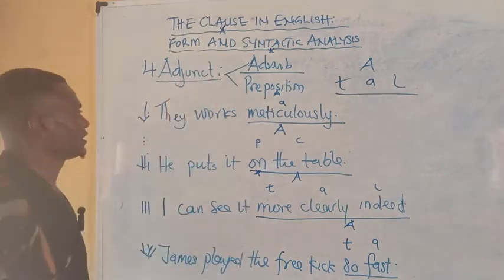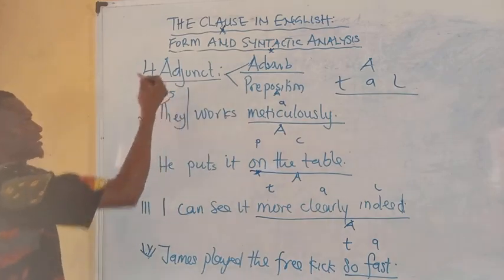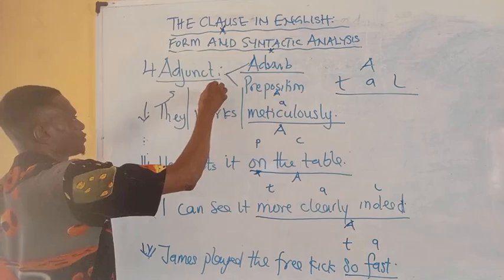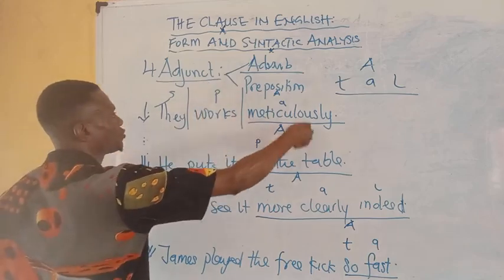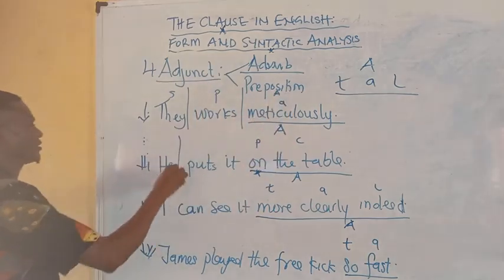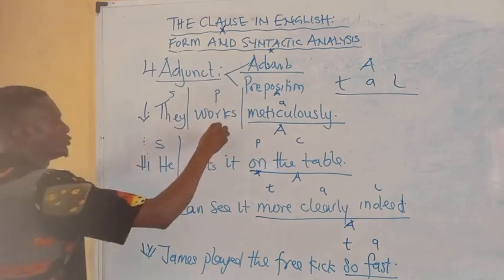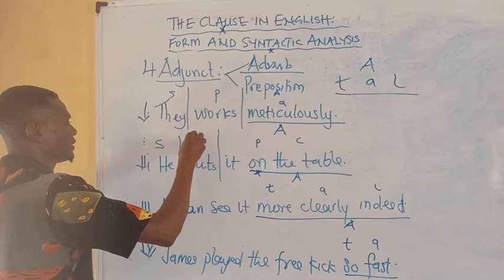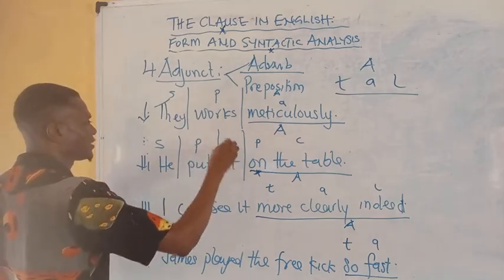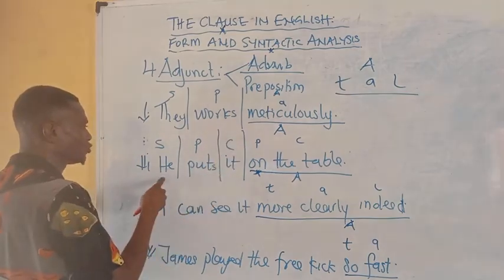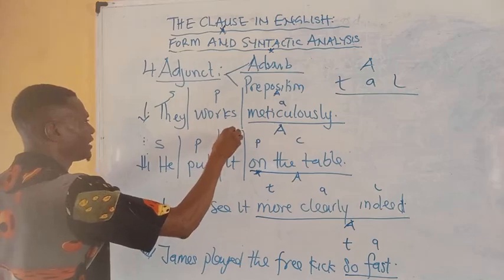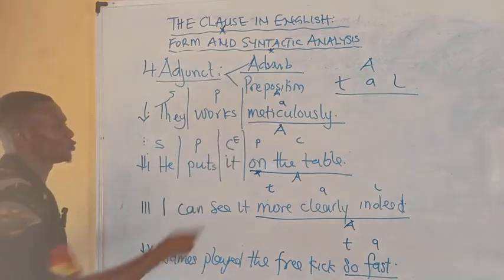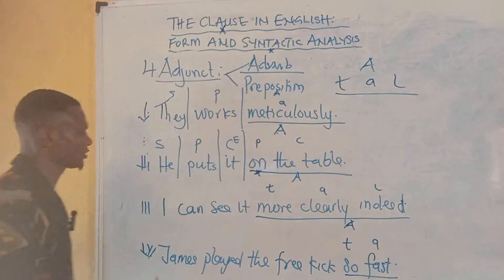Let me do the analysis here. They here is subject, works is predicator, meticulously is adjunct. He is subject, puts is predicator, it is complement. Does it have anything to do with he? No, so it is complement extensive. On the table is adjunct.